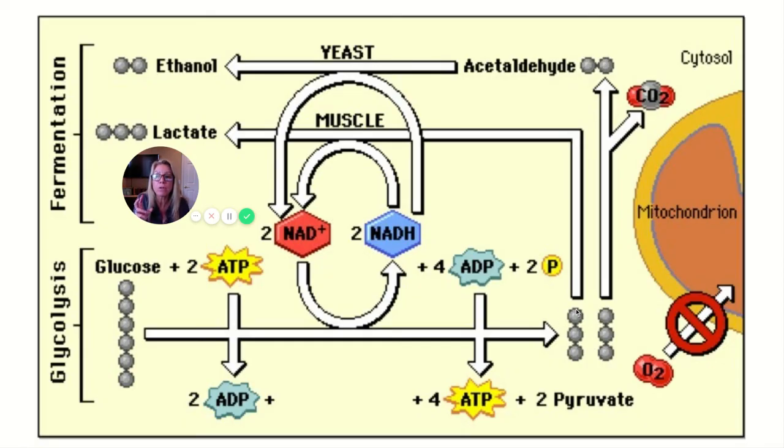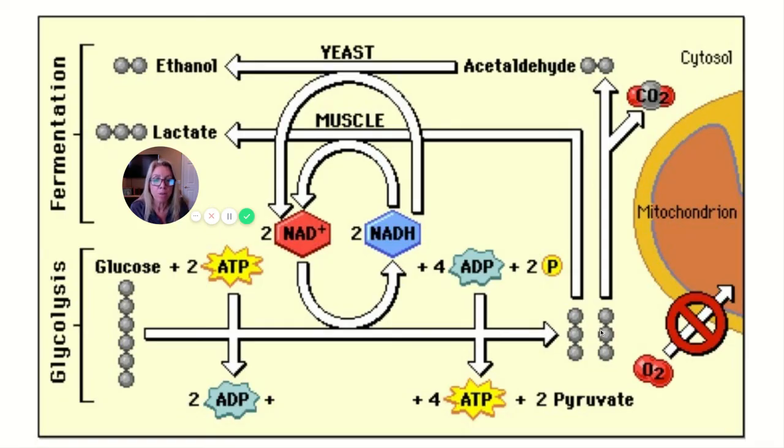So there are 2 pathways. Okay, animals like us will take this pyruvate, take the inner pathway, and we will reduce it into lactate. And when we reduce it into lactate, we can then oxidize the NAD so it can be reused again for glycolysis.